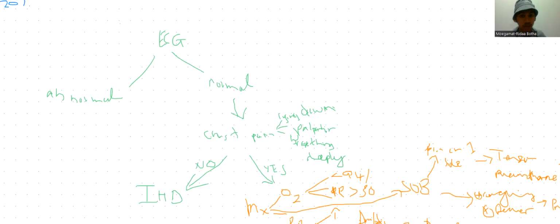So an abnormal ECG, we have to think of ischemic heart disease. And the approach to ischemic heart disease we're going through in another session.